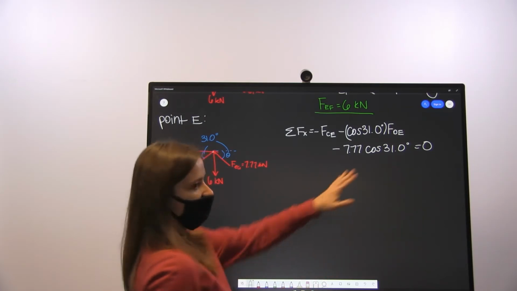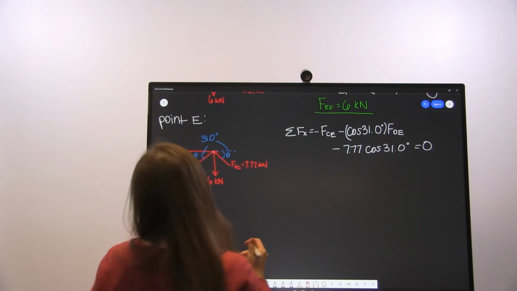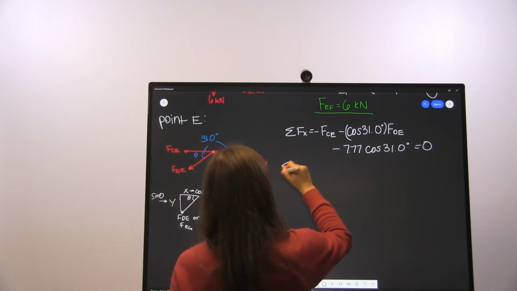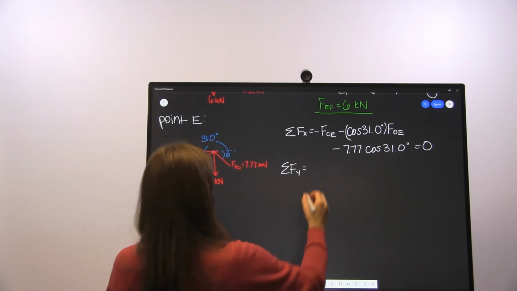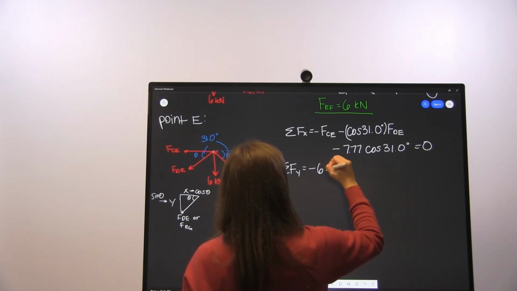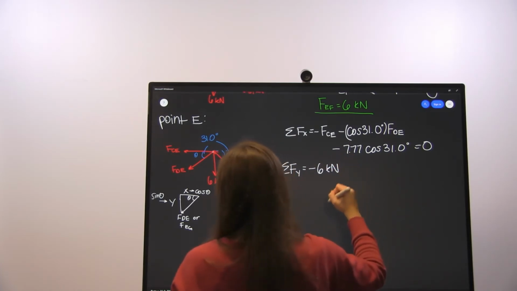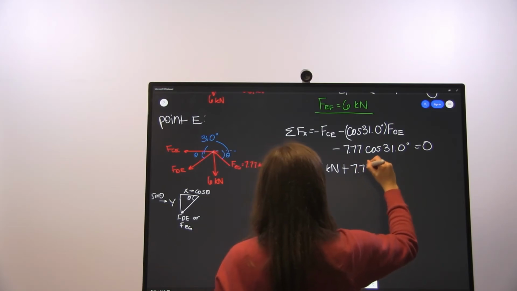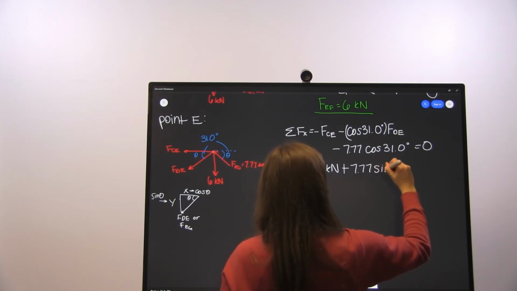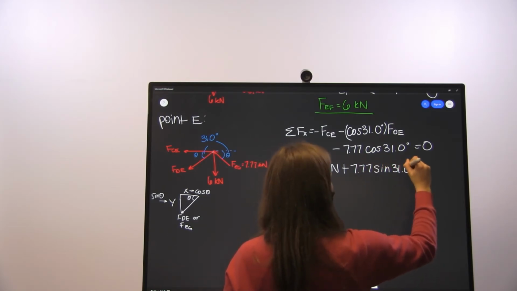We can't solve anything yet. We have too many unknowns in this equation. So we're going to go ahead and write our net force in the y direction, which is negative 6 kilonewtons plus 7.77 sine 31.0 degrees.